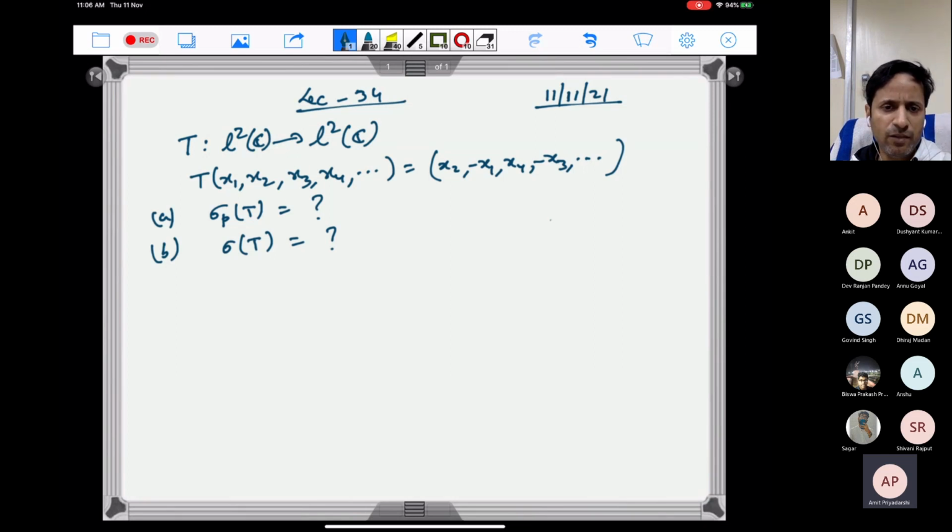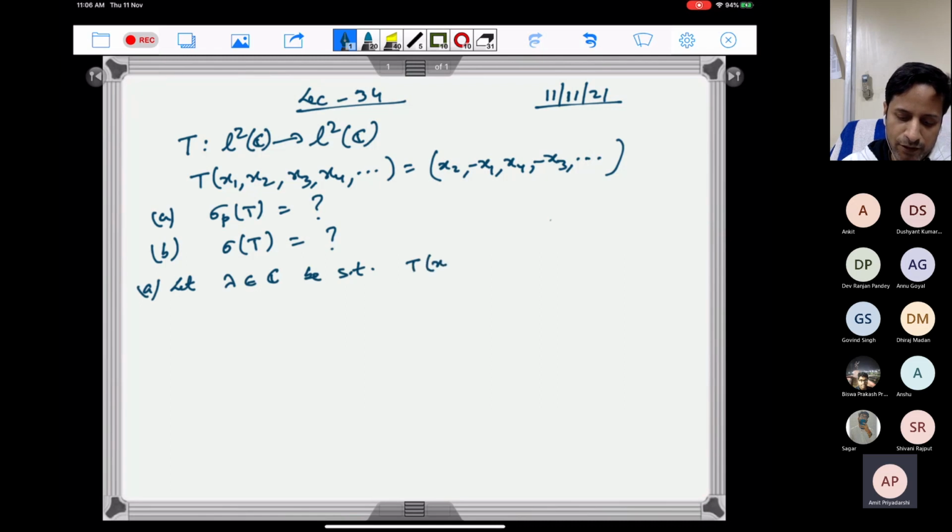So for the first one, you just have to find the eigenvalues, so that you can do just by using the definition. So let us try to solve. Let lambda belong to C, and say that T of x equals lambda x.